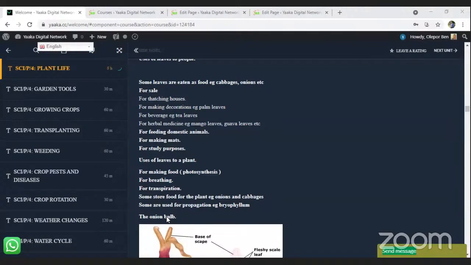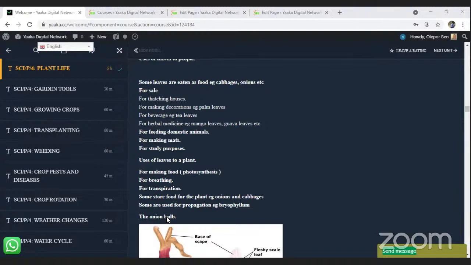Potatoes, we grow using vines, potato vines. For onions, we grow them by planting bulbs, or by planting the onion itself. Groundnuts, we plant by planting seeds. So this is what we call propagation. When someone talks about propagation, you need to know that that's how plants are grown. Different plants are grown in different ways.